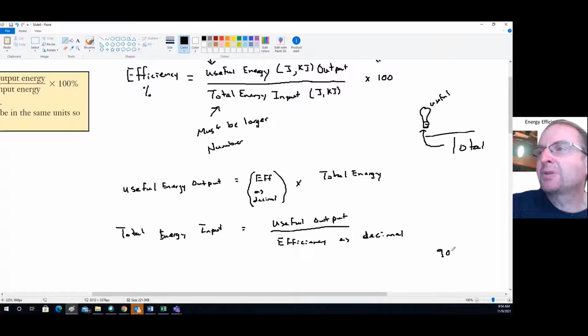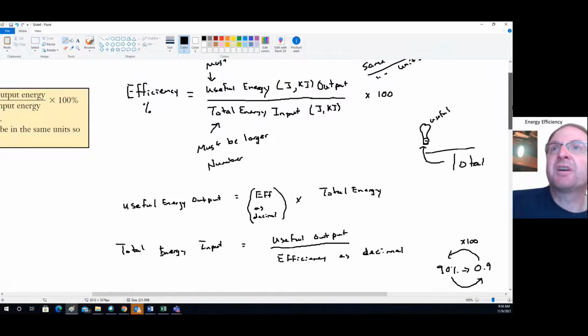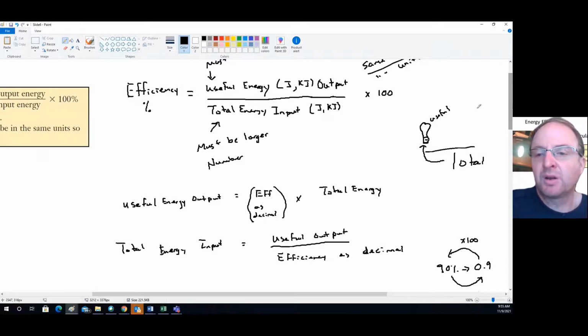If you have a 90% efficiency, well, that's the same as 0.9. And how did I convert that back? Well, I divided it by 100. Because to go this way, you multiply by 100, right? So if you're converting your percentage back to decimal, you divide by 100. Okay, super cool. So we've got the formula here. We've got the 3 key variables, how to solve for each. Make sure you've got the 3 key formulas, because we're going to start solving some problems. So let's start with a model problem here.